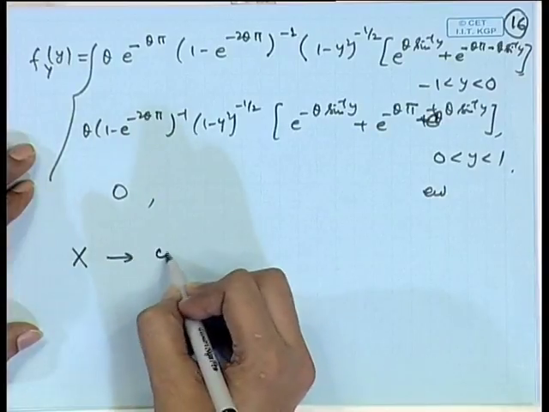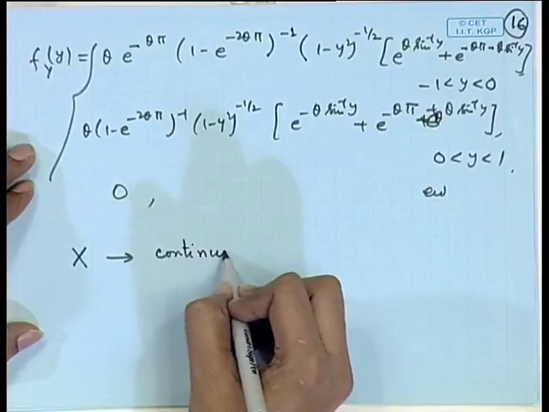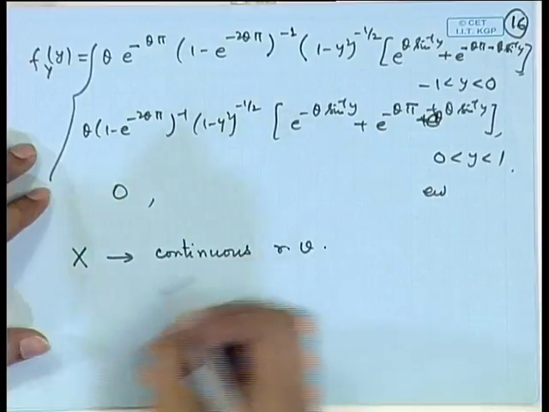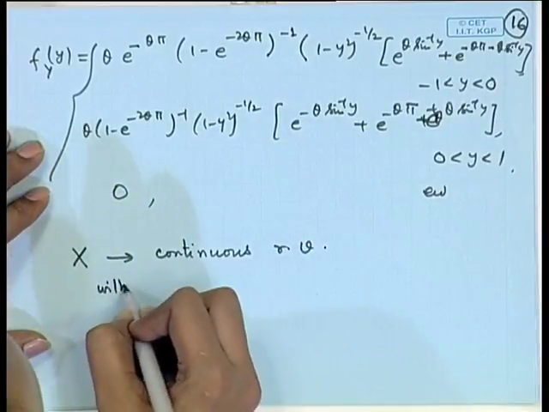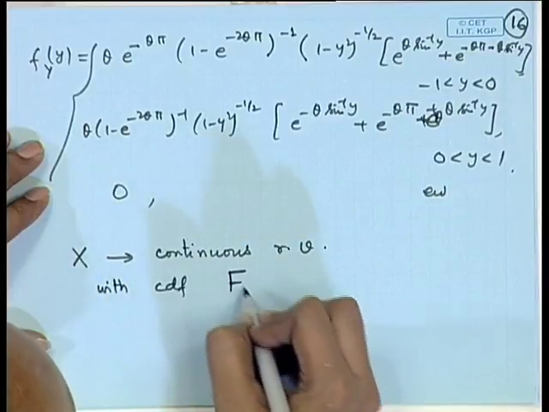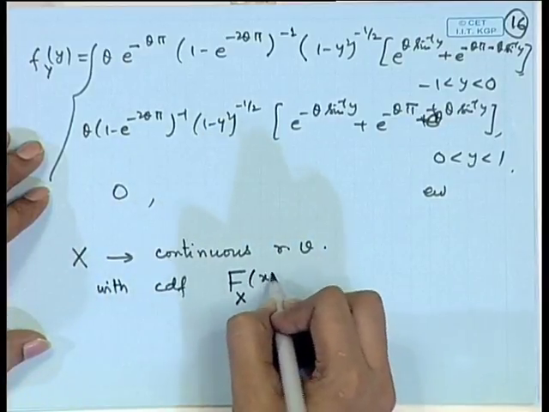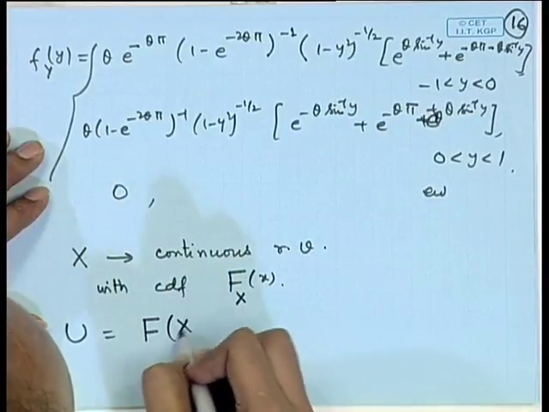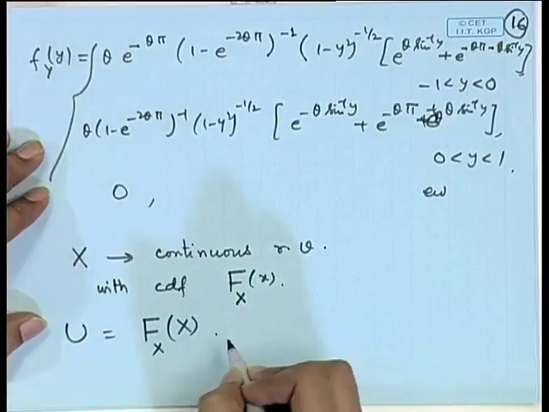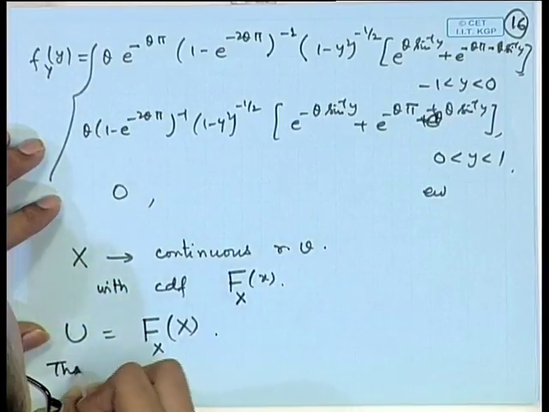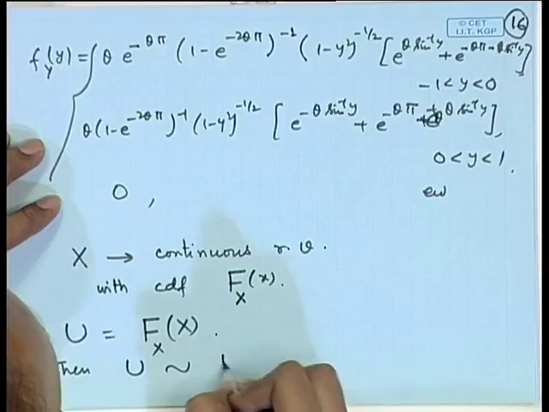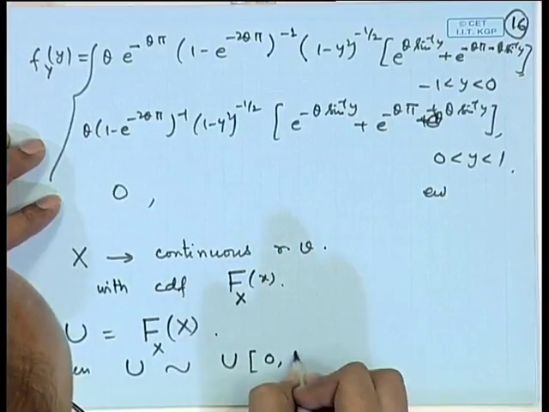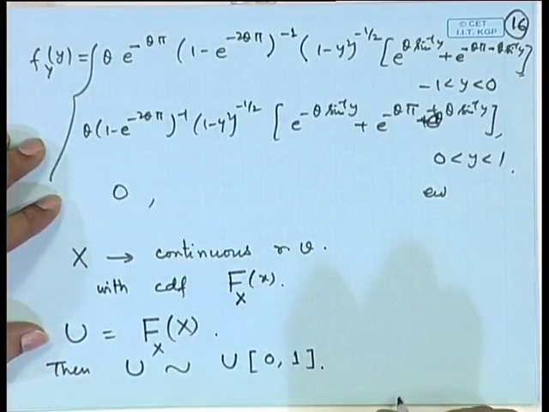This basically says that if x is a continuous random variable with CDF capital F, if we define say u is equal to F(x), then u is distributed on the uniform interval 0 to 1.